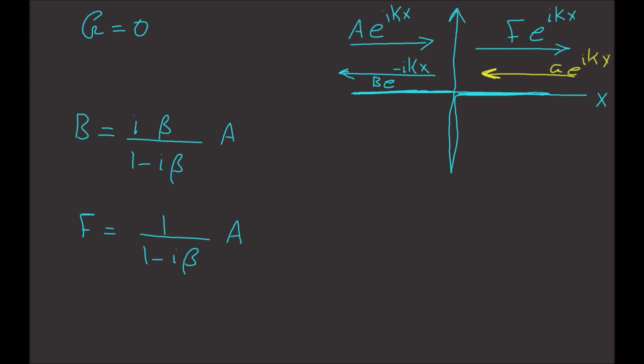The first relative probability is for the incident wave. This is the probability that an incident particle will be reflected back.